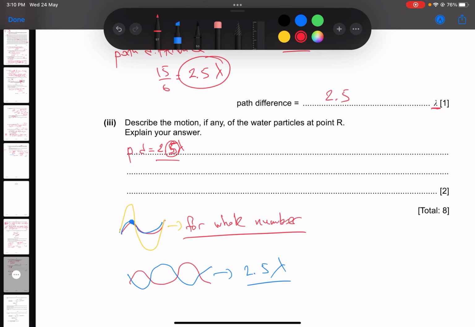So the path difference is not a whole number, so this superposition is destructive.